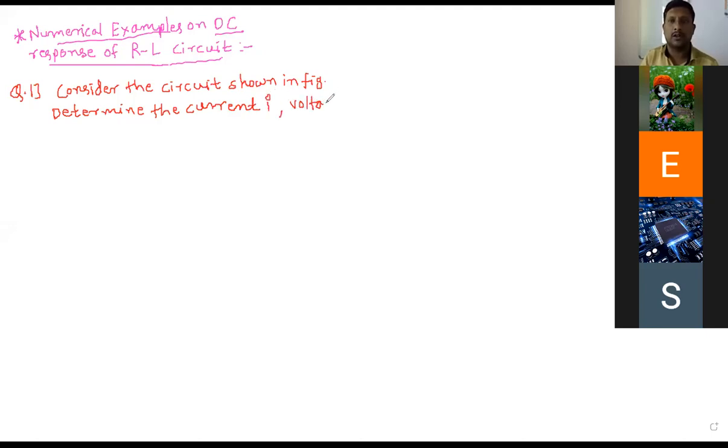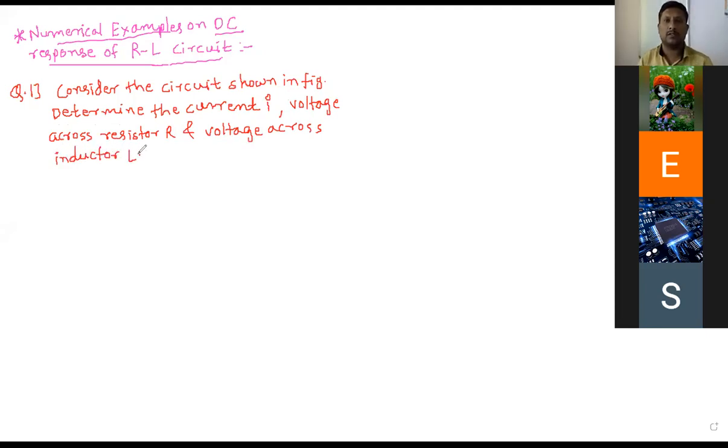Determine the current I, voltage across resistor R, and voltage across inductor L, when switch S is closed at time t equal to 0.